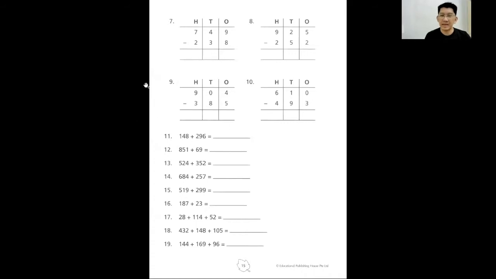Now, to do number 11, we are going to put these numbers in the format that we have learned previously, from number 1 to number 10. So I'm going to get started with this number.